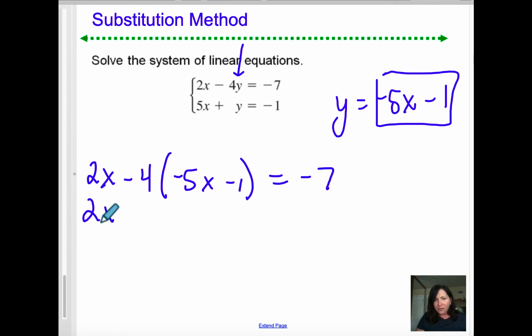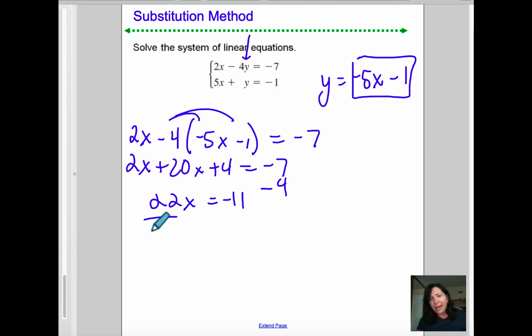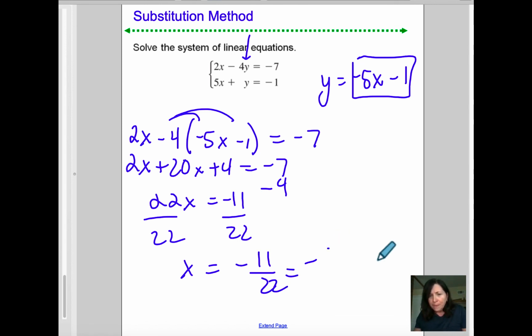So 2x, distribute, so I get plus 20x plus 4 is equal to negative 7. I get 22x, and I'm going to subtract 4, so that's going to be equal to negative 11. And then I'm going to divide both sides by 22, and I'm going to get x equals negative 11 over 22, which reduces to negative 1/2.